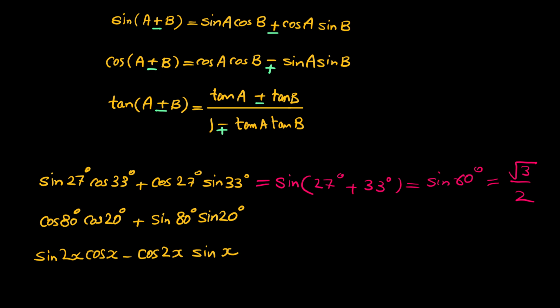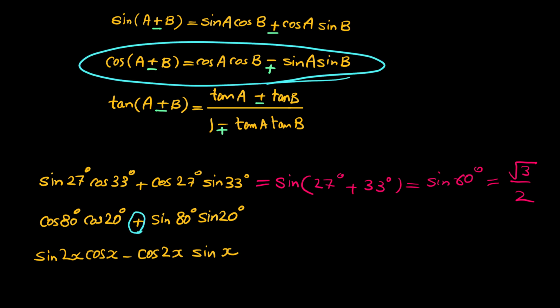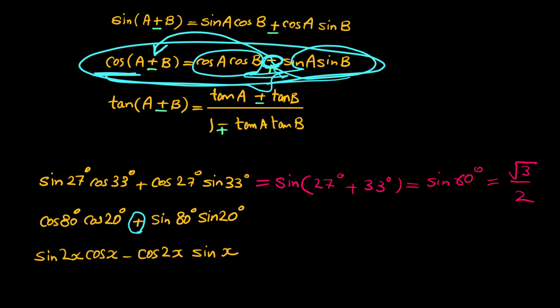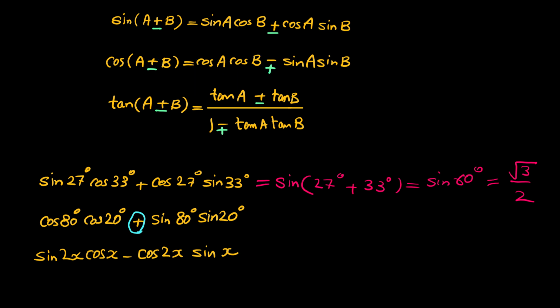But attention, here we have a plus. In this identity, which is for cosine, if between these two terms we have a minus, then on the other side is a plus. The sign is basically opposite. And if on the right side we have plus, on the left side it is minus.